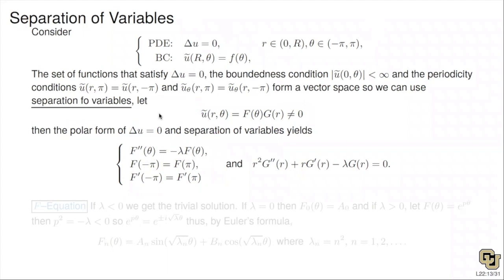So the F equation, if you look, is actually the same as the F equation for the standard heat equation on a ring. If you change the thetas to x's, then it's identical. So think about heat equation on a ring where the ends are meeting. We assume both the heat flux and the temperature are continuous. You remember heat equation on a ring, you get the full Fourier series. If we do heat equation on a rod with Dirichlet boundary conditions, we get a sine series.